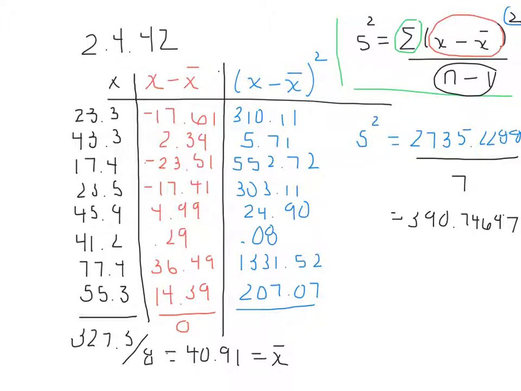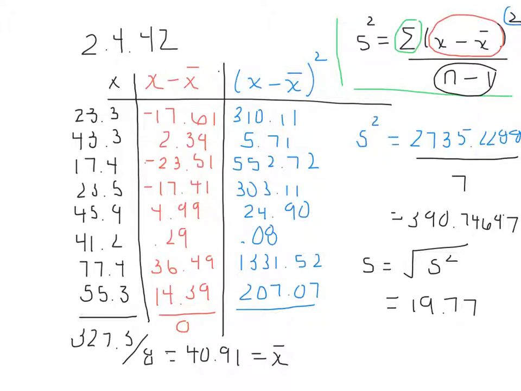I'm interested in standard deviation. So the standard deviation is just the square root of that variance. So that number, 390.7-ish, I'm going to square root that, and then it asks me to round to 2 decimal places. So my average spread away from the mean in this case is 19.77.